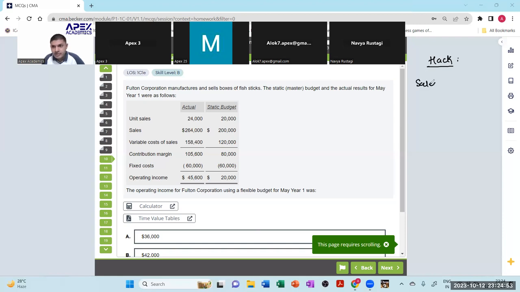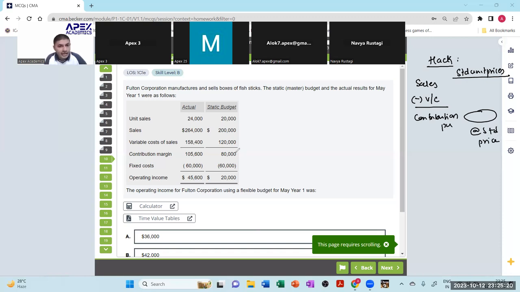Please tell me, sales minus variable cost is equal to contribution. Agreed or disagreed? Agree. Now listen. If you take standard unit prices, the contribution per unit at standard price can be calculated. Yes or no?